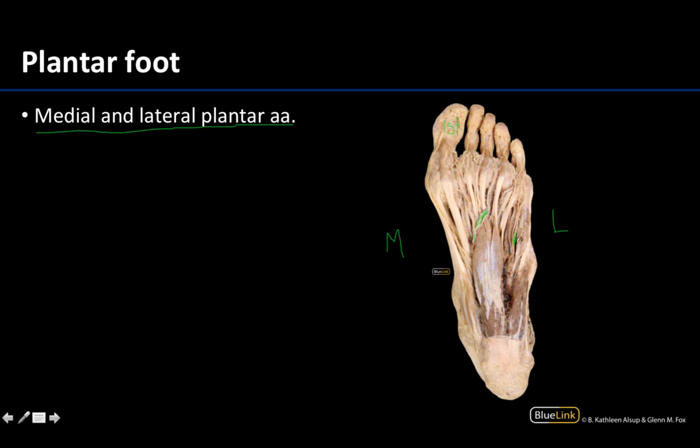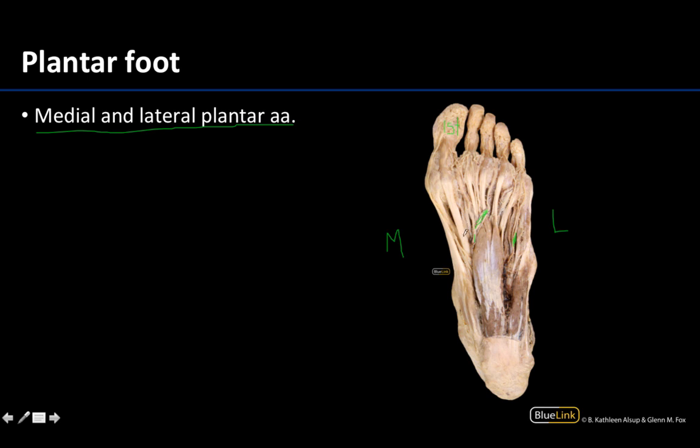The lateral plantar artery is going to form the majority of the plantar arterial arch, which is deep. We would have to remove some of the muscle to get to that particular arch. It will also get supply from the deep plantar artery, which is going to be a continuation of the dorsalis pedis from the dorsal side of the foot.